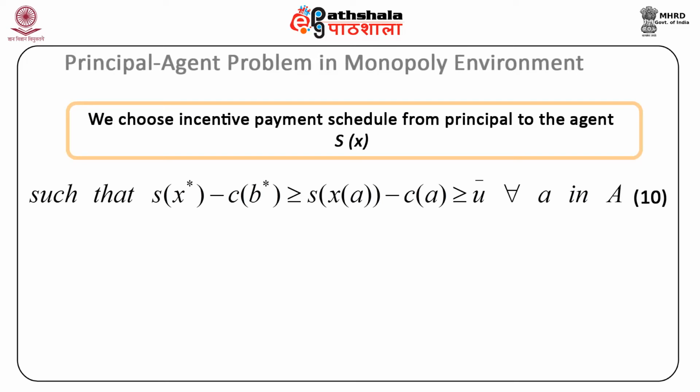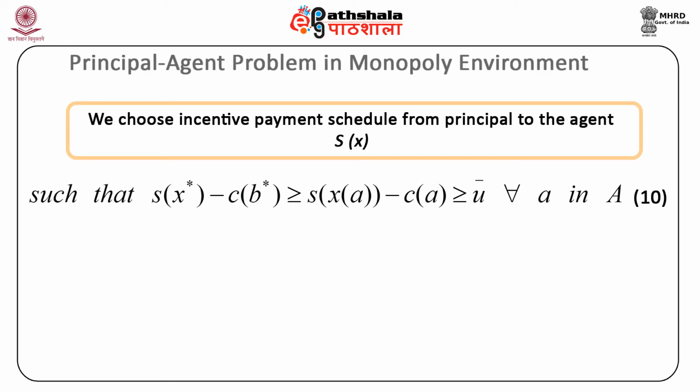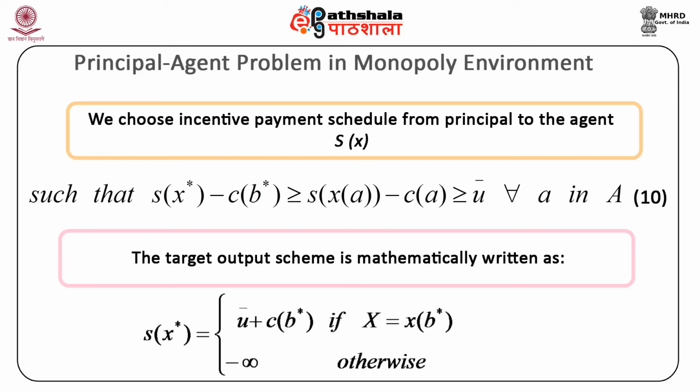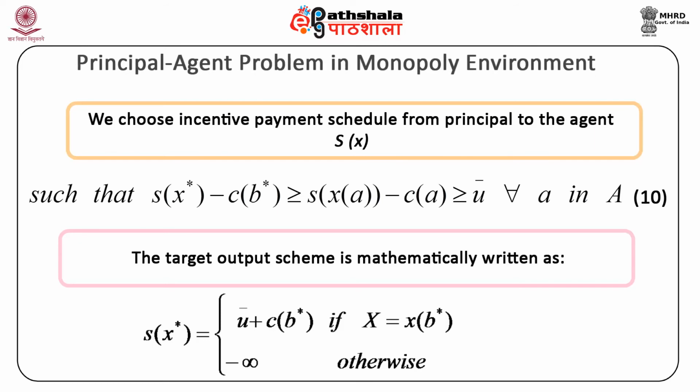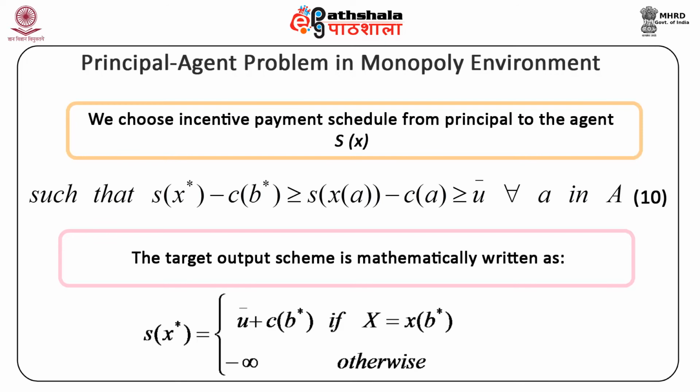For instance, let us set a target output scheme where the target is given to the agent to achieve the output, failing which he won't receive his reservation price, but rather will receive severe punishment. The target output scheme is mathematically written as S(x star) equals either U bar plus C(B star) if capital X equals x(B star), or minus infinity otherwise.